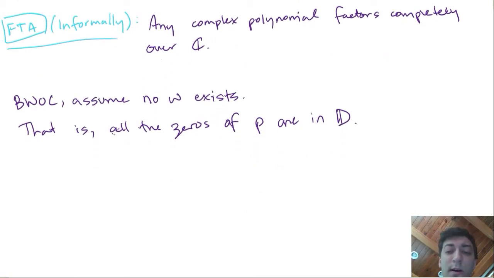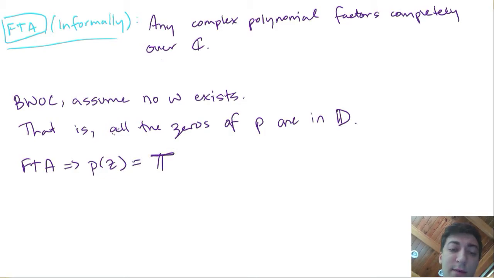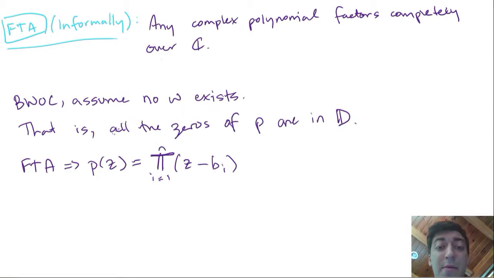Okay, well, by the fundamental theorem of algebra, we know P of z factors, and I can write it like this. This is my sign for a product, just like you have your sign for a sum. We have z minus a_i, and we have i from 1. Well, I guess I shouldn't write a_i because I've already used a. Let's call it b_i. i from 1 to n, right? Because it's a degree n polynomial.